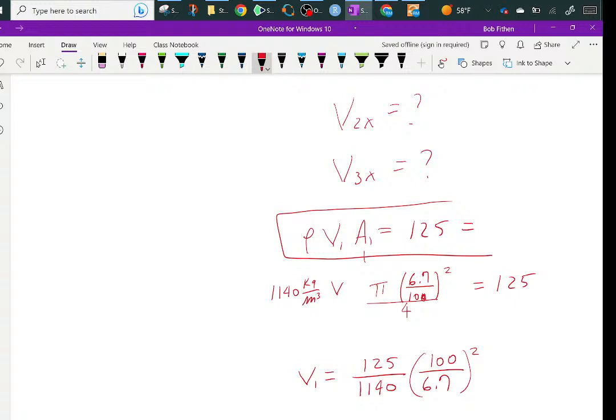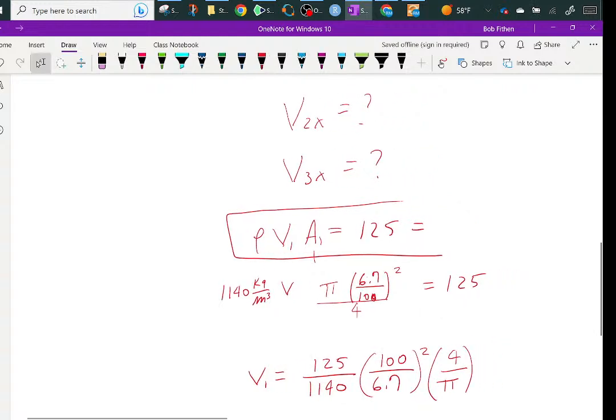I bring the 4 over against here and then divide by pi. I do not know what this thing will do, but as long as I'm writing okay. Oh my God. I get 31.1.